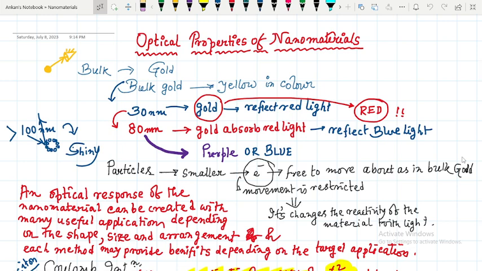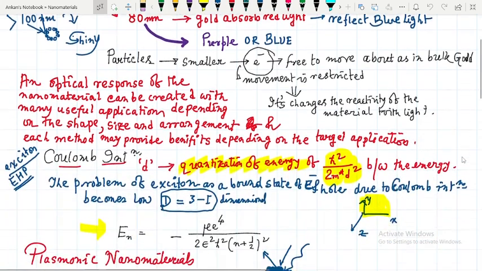Now, today's topic was regarding the optical property, where we have noticed the different classes of optical properties, and it originates from the difference in the size created inside the material, and an example was given.